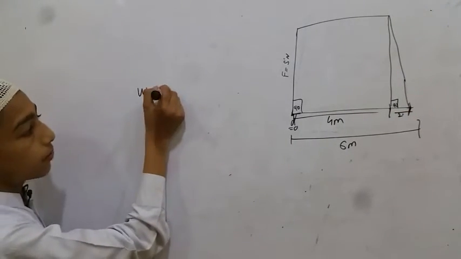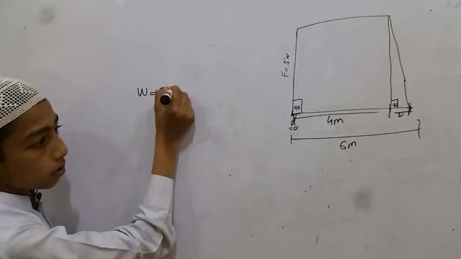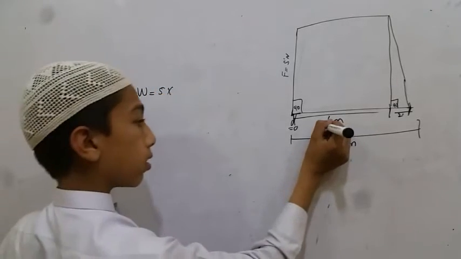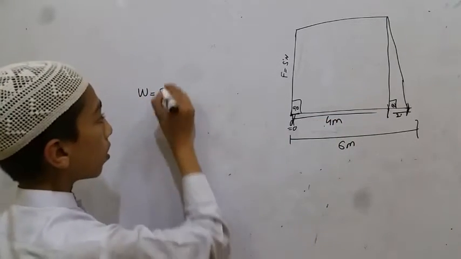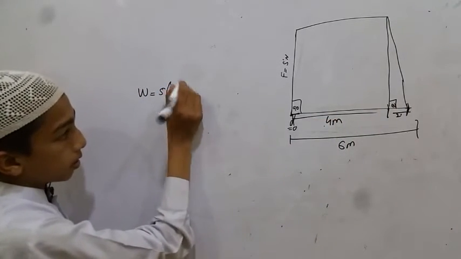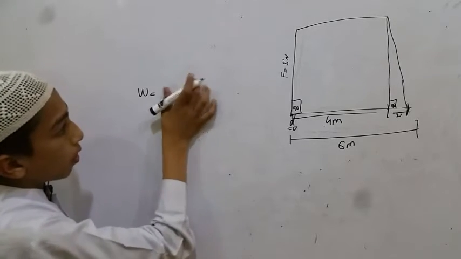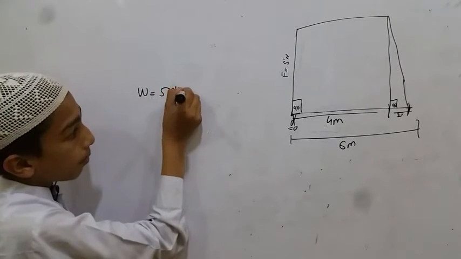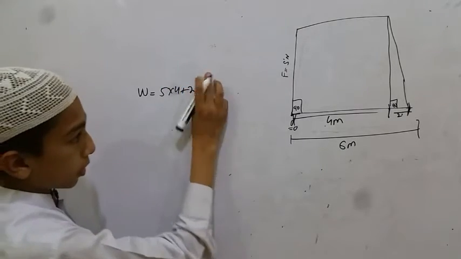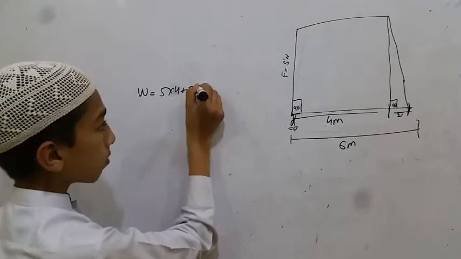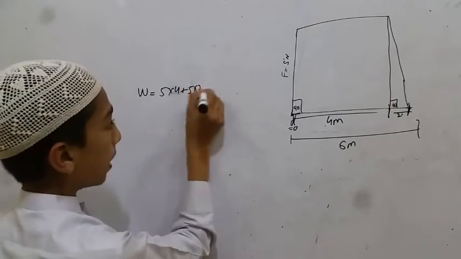Area is the force into 5 into 4 plus 2 into 5 into 2 divided by 2.